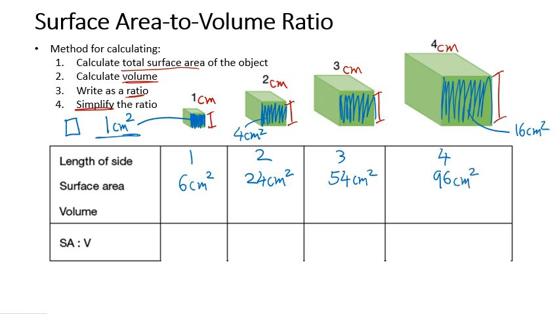Now we need to work out the volume for each of the cubes. And volume, remember, is just the length times the width times the depth. So for the first cube, it's 1 times 1 times 1, which is 1 cubic centimeter. The next cube is 2 times 2 times 2, which is 8 cubic centimeters. 3 times 3 times 3, which is 27.